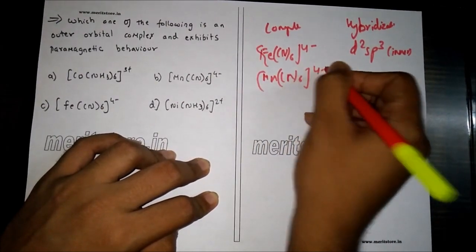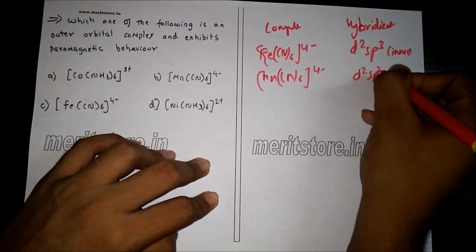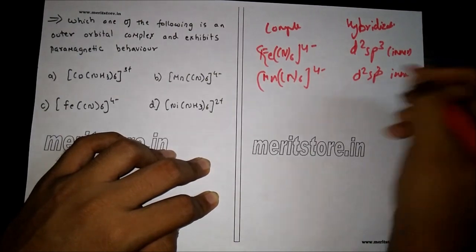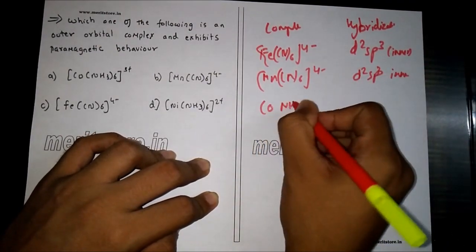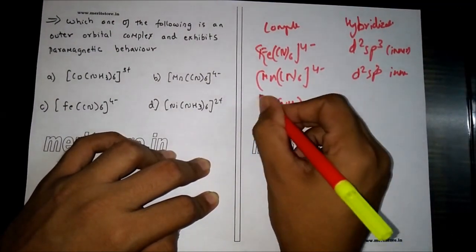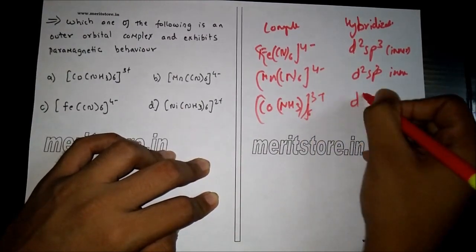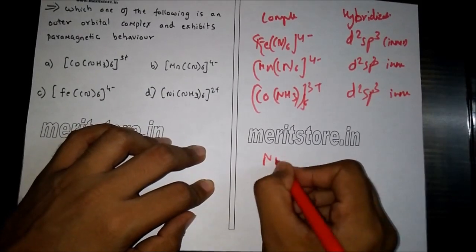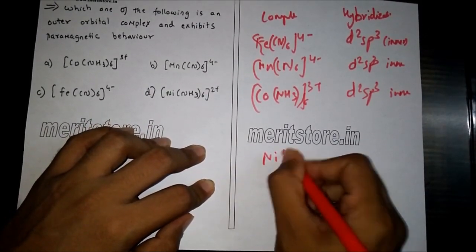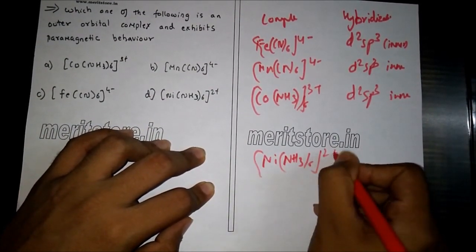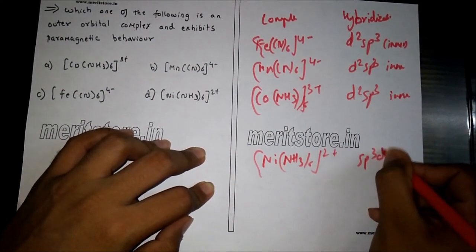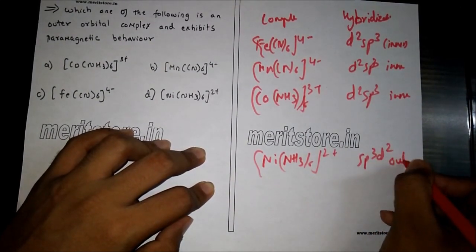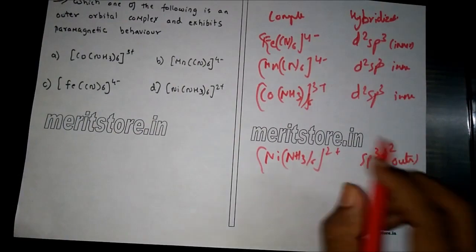[Mn(CN)6]4- has d2sp3, again an inner hybridization. And [Co(NH3)6], which is option A, also has d2sp3, which is also an inner hybridization. However, option D, nickel and NH3 2+, shows sp3d2, which is an outer hybridization. Therefore, here the correct answer is option D.